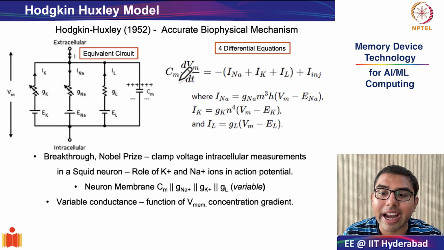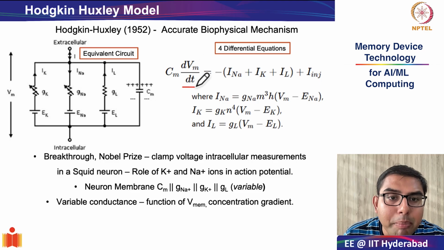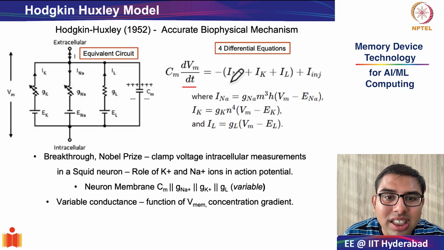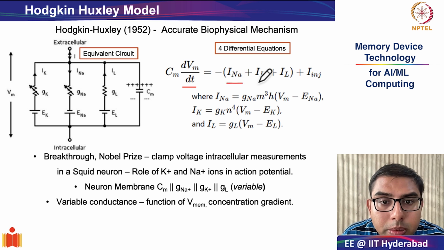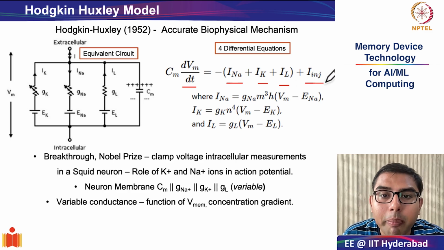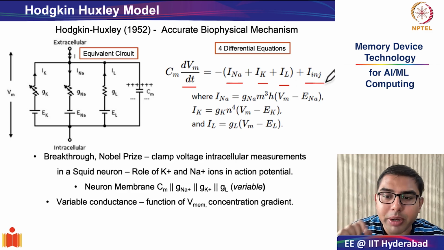Mathematically, it is described by the membrane equation. It treats the membrane like an electrical capacitor where changes in voltage, dVm by dt, occur because of different ionic currents. As we just described, these are your potassium, sodium, and other leak channel ionic currents, which are again counterbalanced by your injected presynaptic currents.